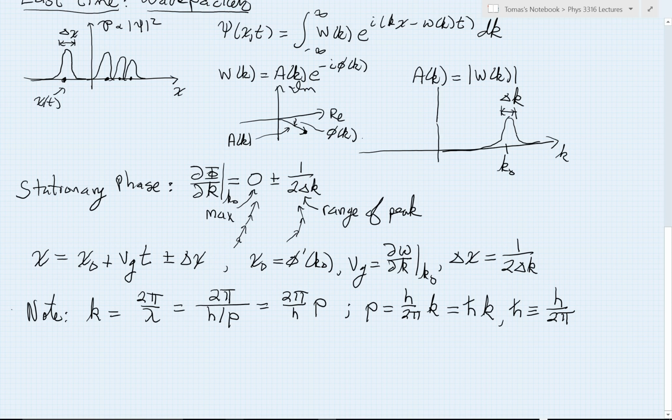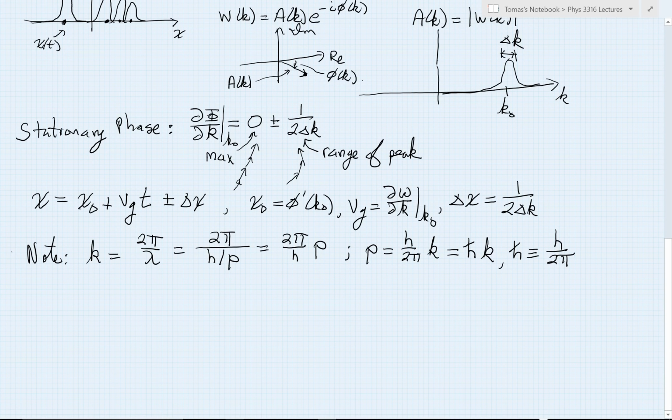So my particle itself, what this is really telling me, if I went and measured its momentum, because it's associated with a range of momenta in order to make this superposition to construct such a wave packet, there is a range of momenta I could measure for my particle. So that's kind of my key conclusion here, is the particle is associated, at least in this wave packet picture, right, with a range of momenta.